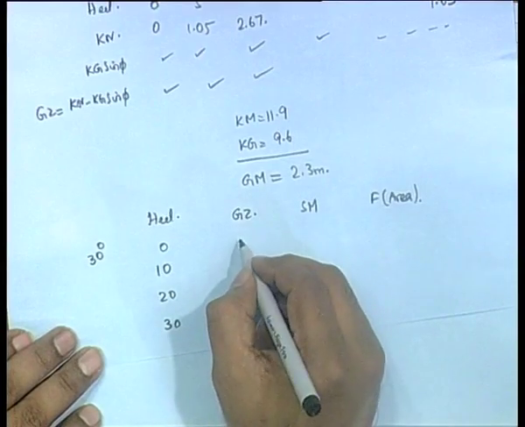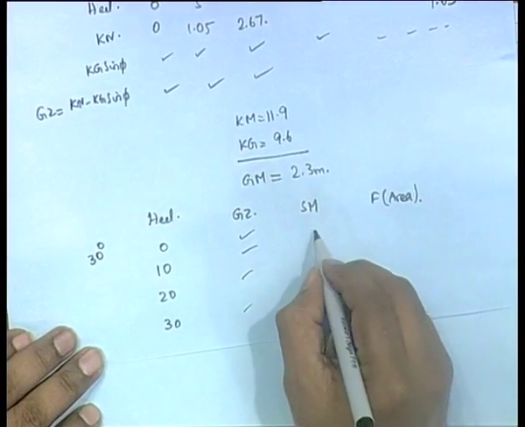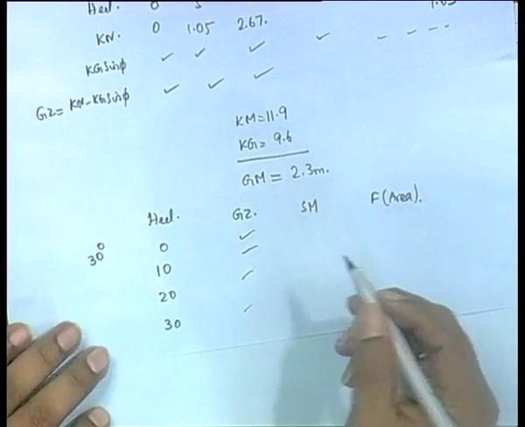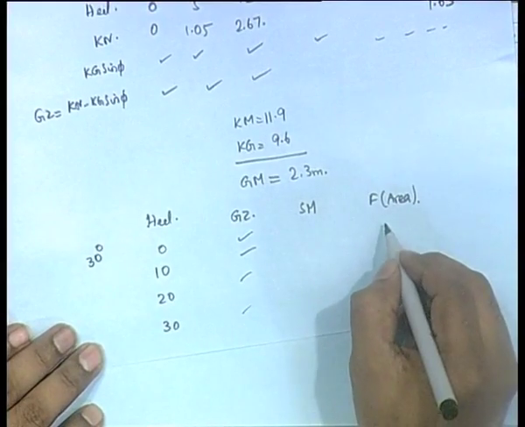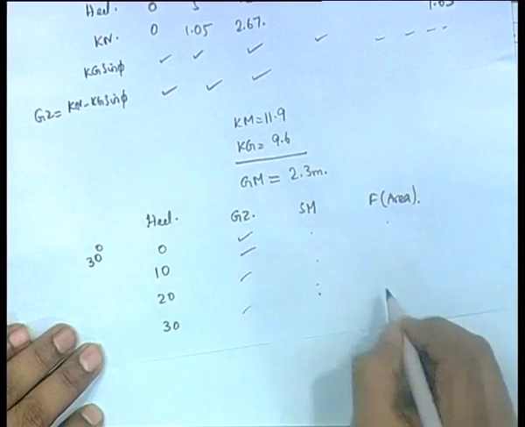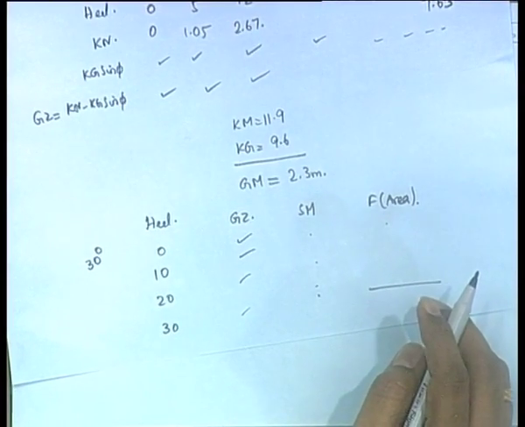So, first you do this, GZ is given, you put that, then Simpson's multiplier, you can use any of the Simpson's multipliers, or you can use a trapezoidal rule or anything, and then you put that here, then the function of area, multiplication of this, summation, and then finally the rule.